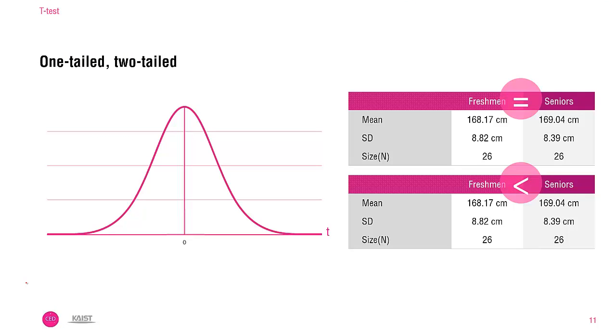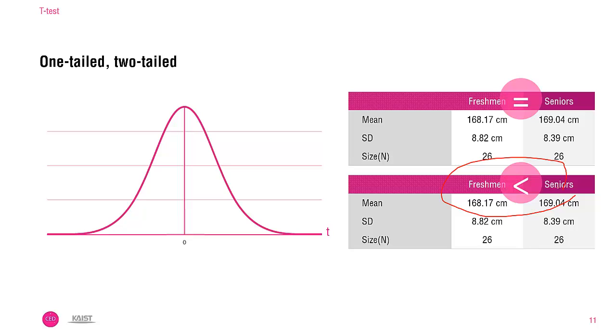When our interest is to examine the mean difference, we are considering the two-tailed test. In SPSS, by default, the t-test is set for the two-tailed test. However, when our interest is to examine whether seniors are bigger than freshmen, we can take the one-tailed test.